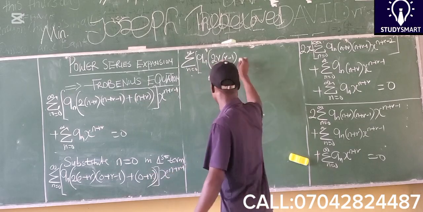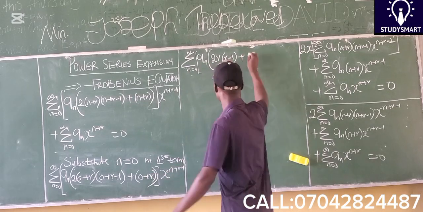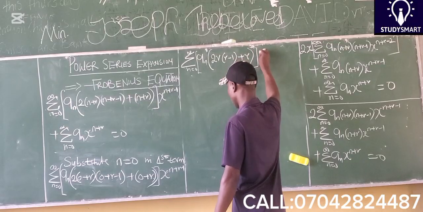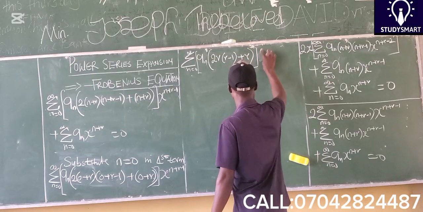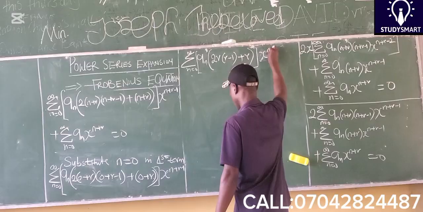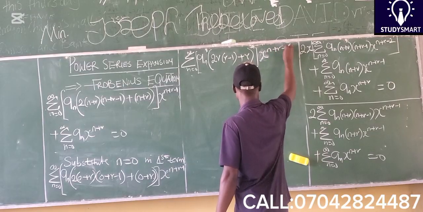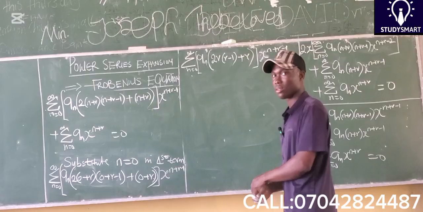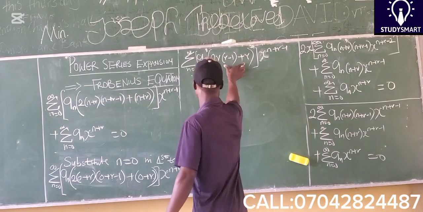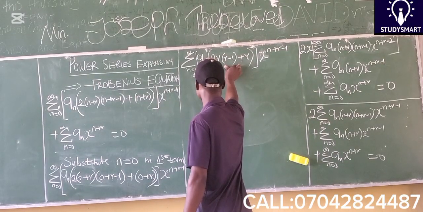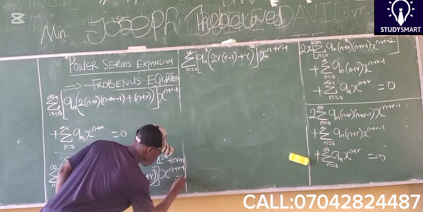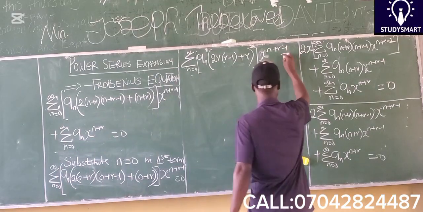So I'm left here with plus r, and outside I have x to the power n plus r minus 1. So from here I'm getting my initial equation already. Let me just pull out this whole stuff. Don't forget this is equal to 0.